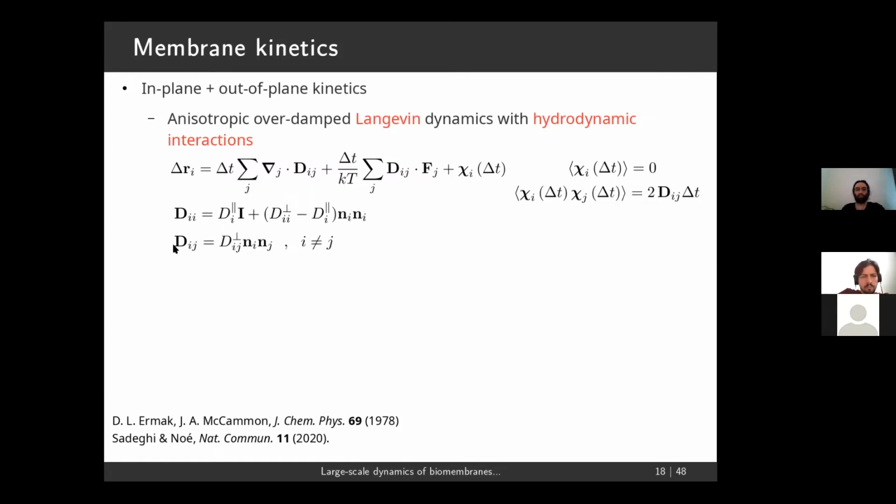And for the pairwise interactions, I'm only considering the interaction between the perpendicular terms. So the out-of-plane motion is mediated through the solvent, but the in-plane motion is more or less local. This is a certain assumption at this point. We can make this more sophisticated, but that seemed enough for the dynamics that I was interested in.